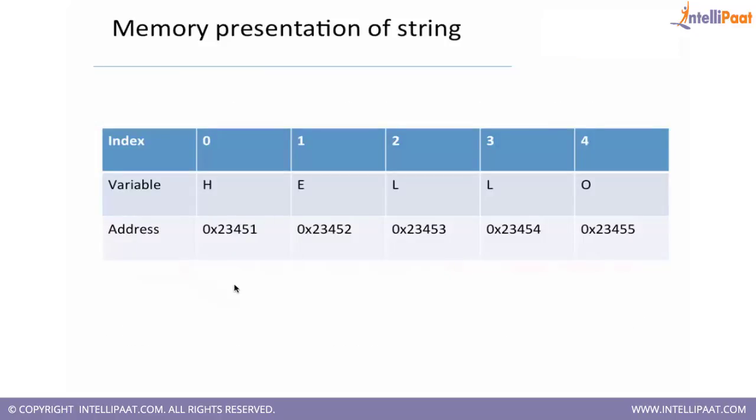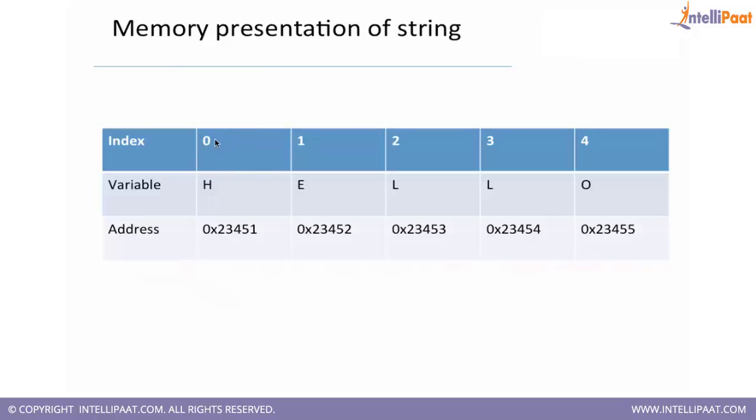So this is how the string is actually stored in memory. As we have already discussed in arrays, each and every element stored in an array is in sequential order, and it starts with index 0.